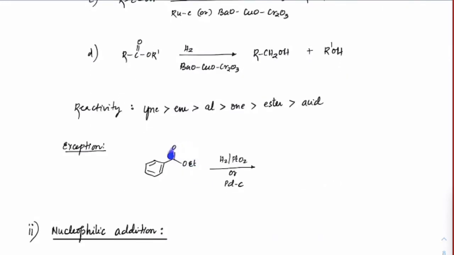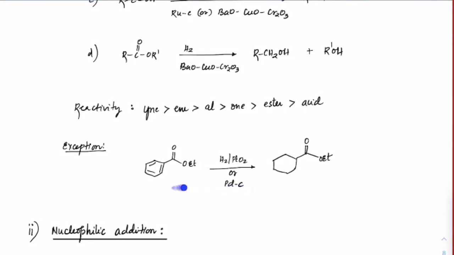Generally esters do not get reduced by H2/Pt, H2/Pd or H2/Ni, but in case you have a benzene ring present on it, it has been exceptionally seen that benzene gets completely reduced here and the ester would remain. This has been found with H2/PtO2, which is known as Adams catalyst, or palladium on carbon.